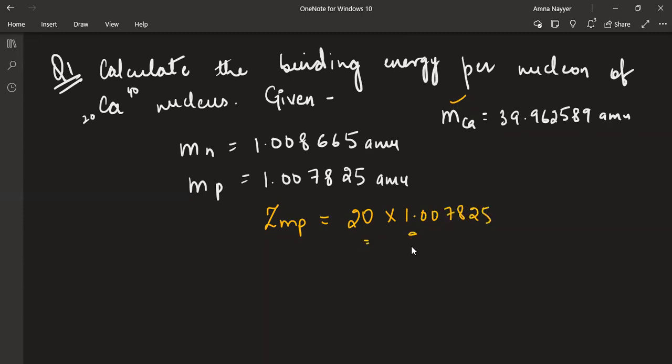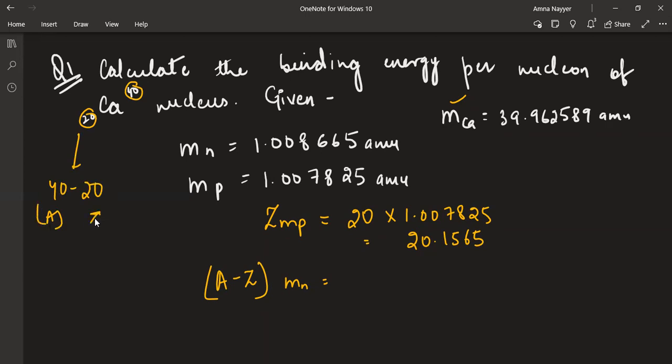So this will be around 20.1565. So this is ZMP till now. Then A minus Z into Mn. See, A minus Z, 40 minus 20. This is your A, this is your Z. So A minus Z will also be 20.